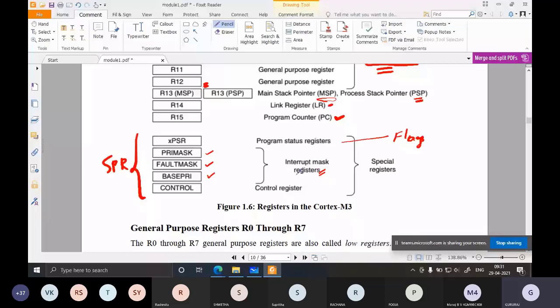Let's say there are 10 interrupts, or 10 input signals to your embedded system, and suppose you want to temporarily block 8 of the 10 because of some reason. You don't want any interruption in your activity, so you block 8 out of 10.